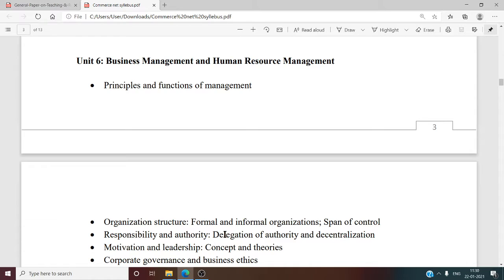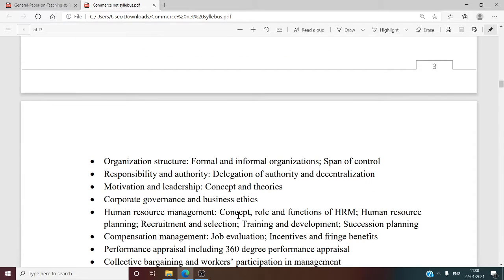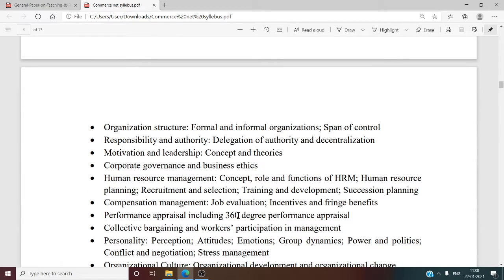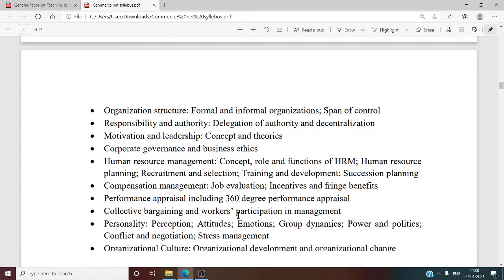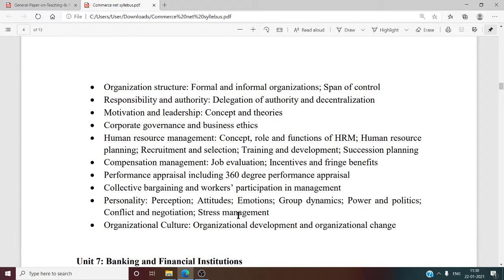Principles and functions of management, organizational structure, formal and informal organization, span of control, responsibility and authority, delegation of authority and decentralization, motivation and leadership, concept and theory. Leadership, various theories are there that you have to go through. Then corporate governance and business ethics, human resource management, concept, role, function of HRM, human resource planning, compensation management, performance appraisal techniques.